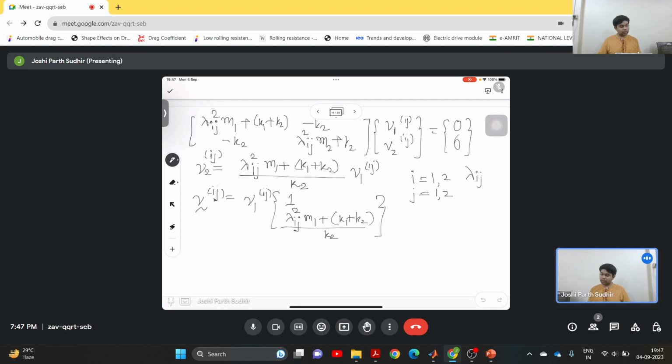So in general, we can write our eigenvector. So let us say v11 will be v1, some constant, whatever constant it may be, into lambda 1 square m1 plus k1 plus k2 upon k2.